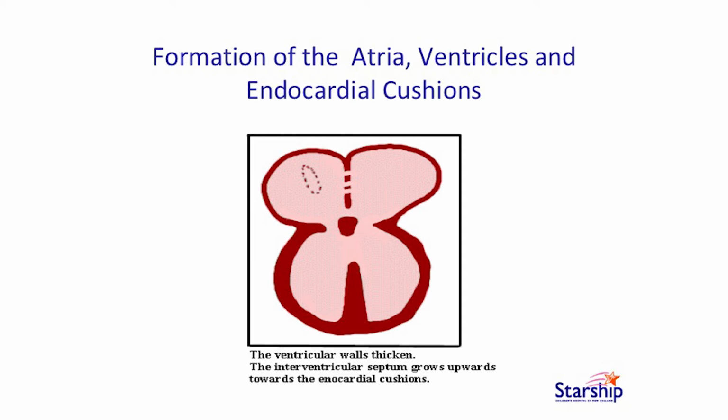So in the ventricles, the ventricular walls are thickening, and the interventricular septum is continuing to grow upwards towards the endocardial cushions, and there's a small foramen or gap that exists between the left and the right ventricles, and this later closes with the formation of the aorta and the pulmonary arteries.